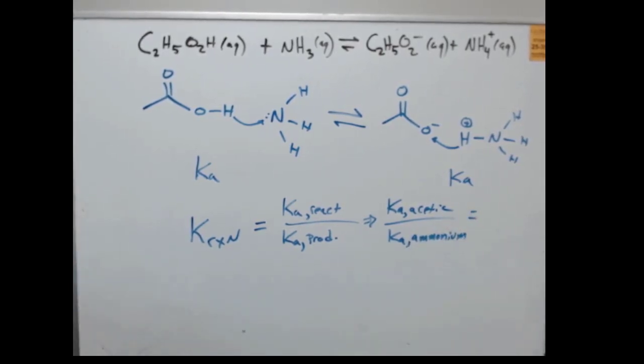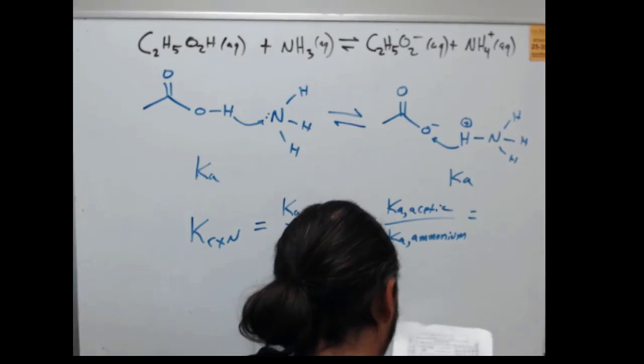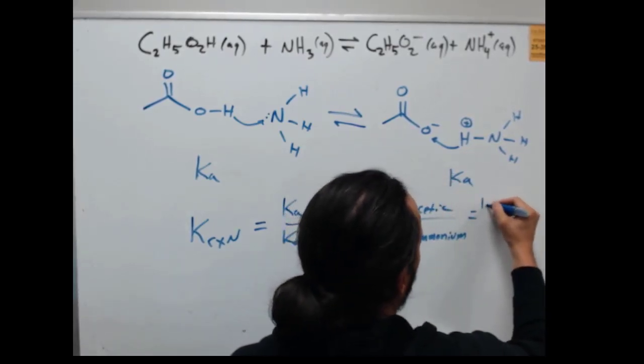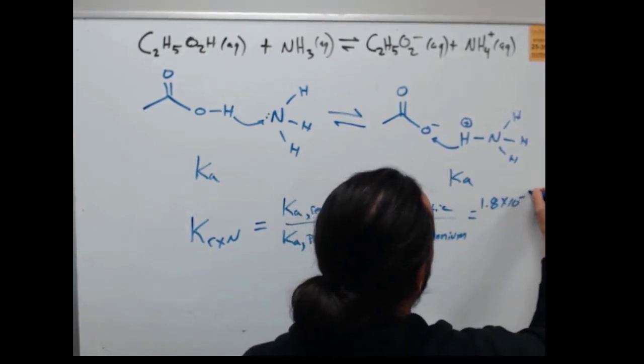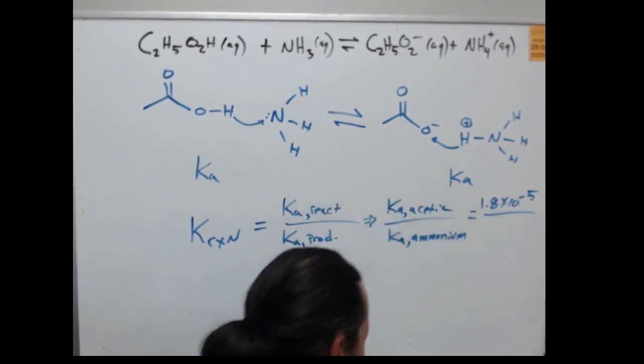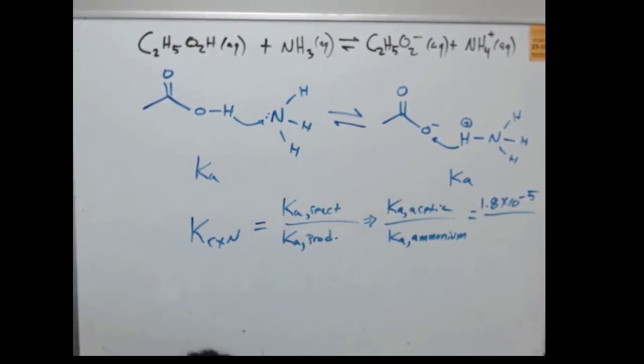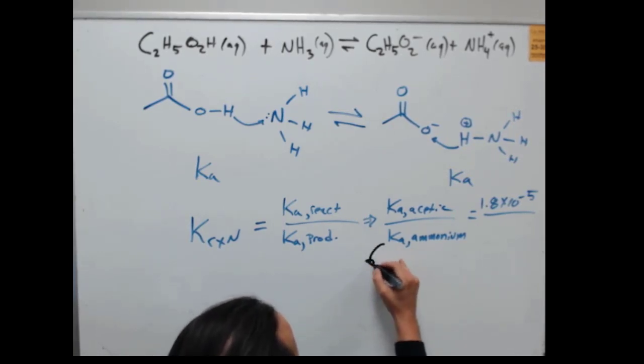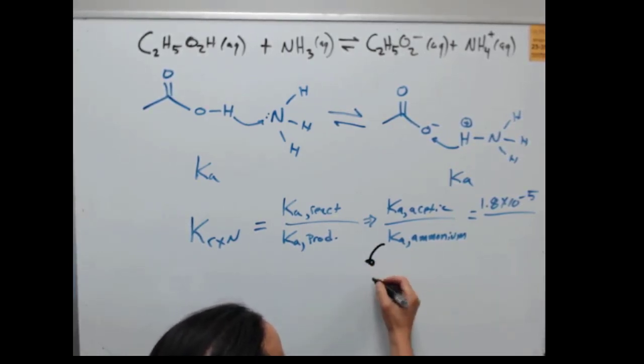And then I can go ahead and calculate this by looking up the values associated with each thing. Ka for acetic acid is 1.8 times 10 to the minus 5. Ka for ammonium, I actually have to calculate. So let's go ahead and do that real quick. Since ammonia is a weak base, the Ka for ammonium is not typically written down. It will be Kw divided by Kb.